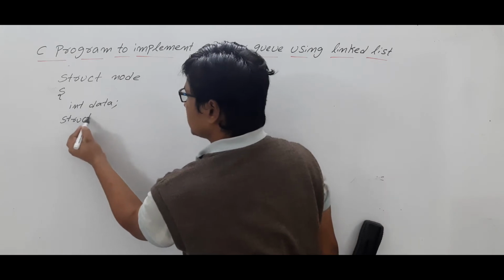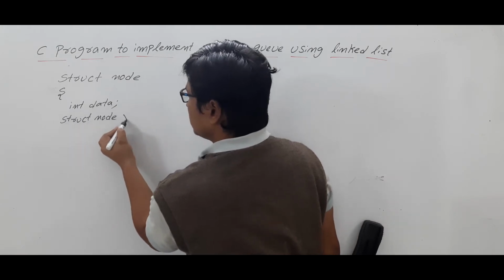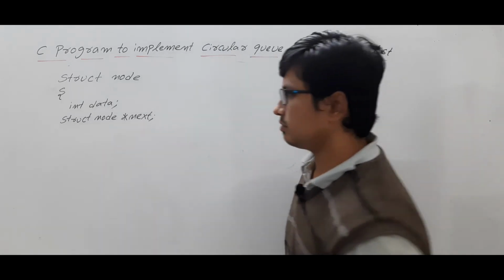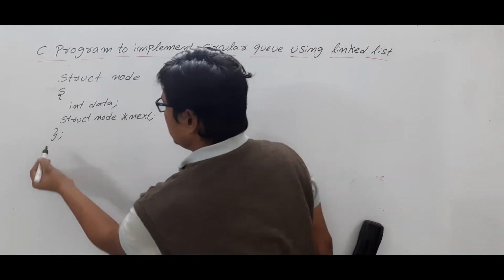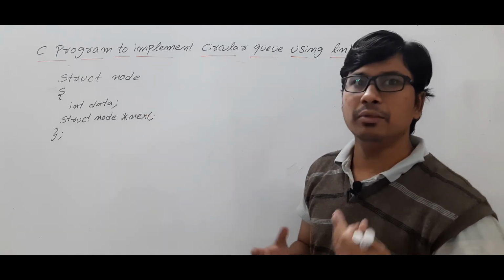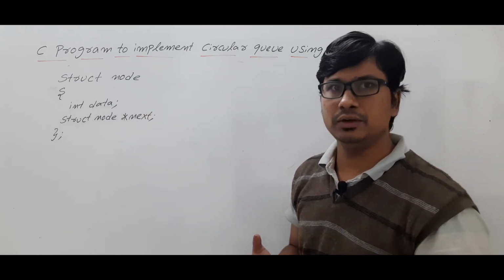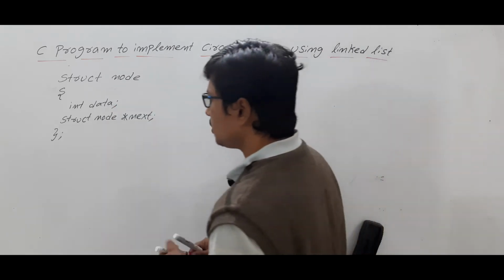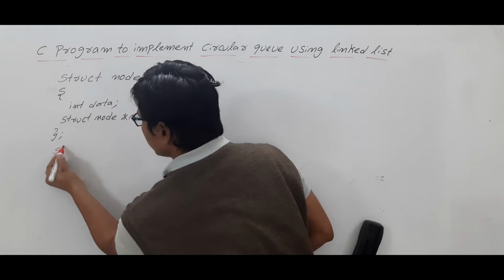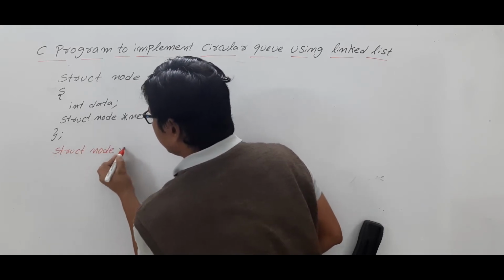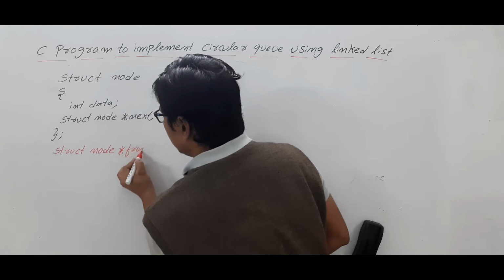So I will write struct node star next, which is a pointer pointing to the address of the next node. Then this is the structure definition. If you define a structure, the memory will not be allocated. You need to declare variables of the structure also. So I need to declare two variables, front and rear, of struct node type only.